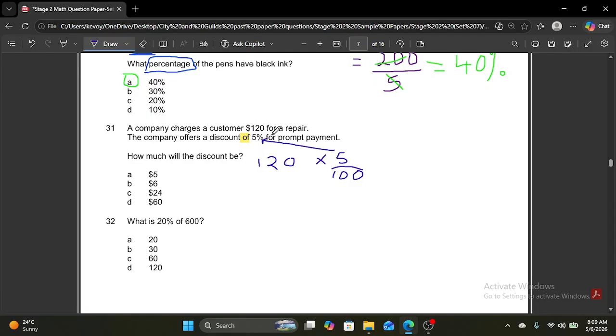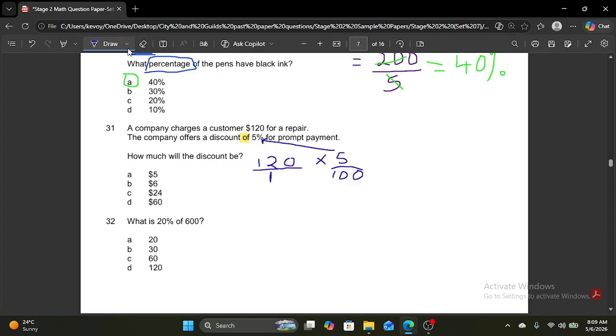And we have 120, so that would be 120 over 1. 120 over 1 is the same thing as just 120. It's just that we write it in a way where it is a fraction. And 5% is 5 over 100.